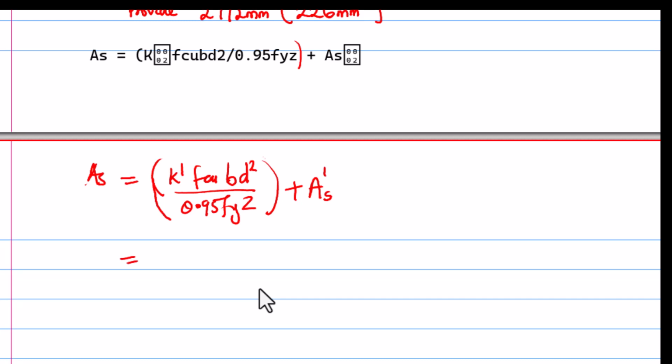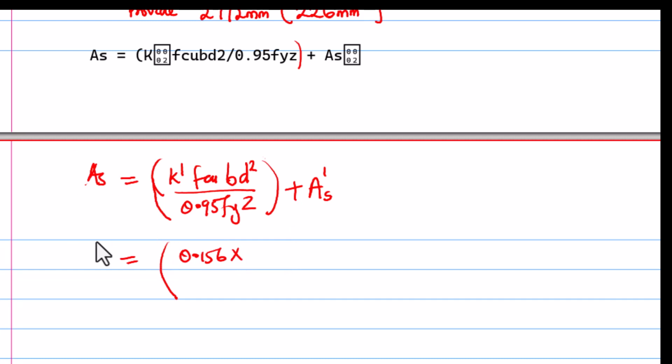So I'm going to come here and substitute my value: 0.156 times FCU BD squared. Sorry for that, I'm going to clean that up. I'm supposed to insert the value.